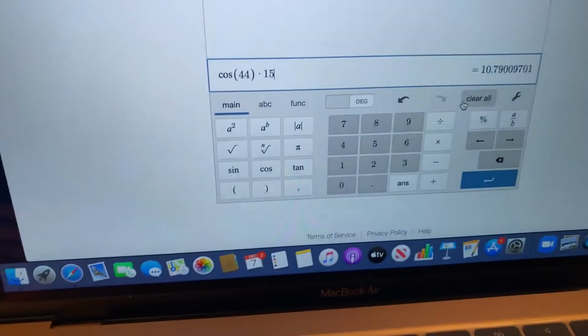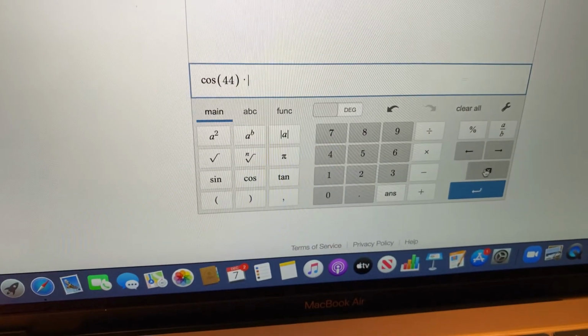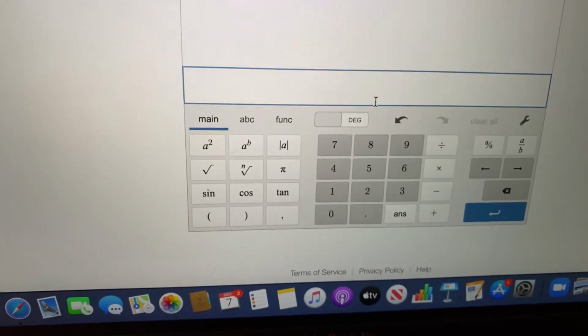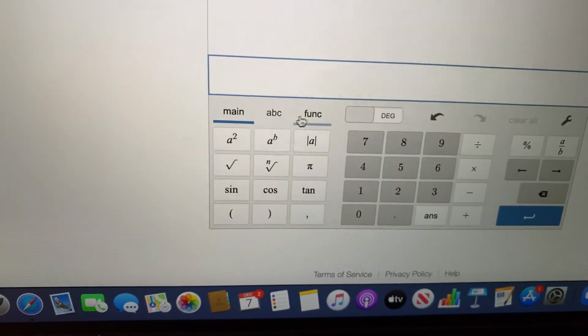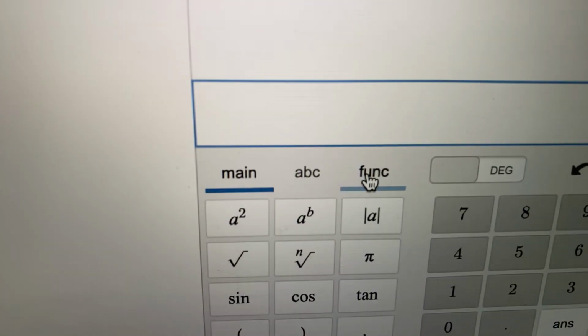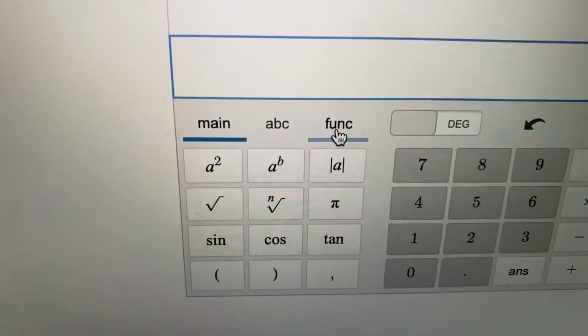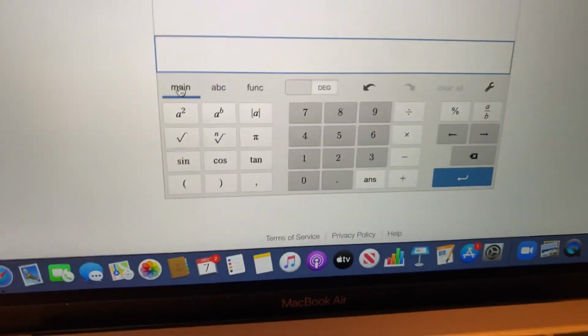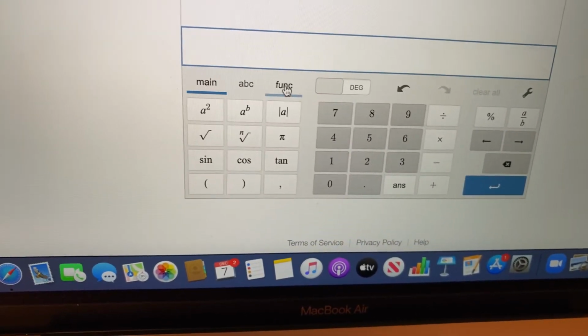How do you put this in on the Desmos? Inverse sine of 14 over 21. You're looking at the Desmos Scientific Calculator and you're like, I don't see it. You have to go to function. See how you're in main? Go to function, and there it is.